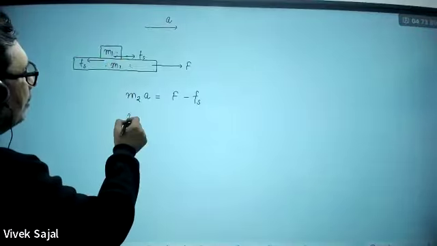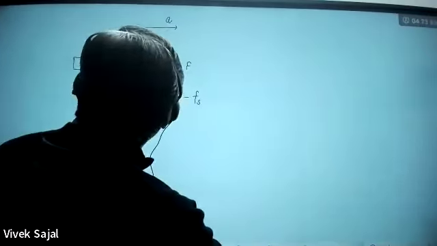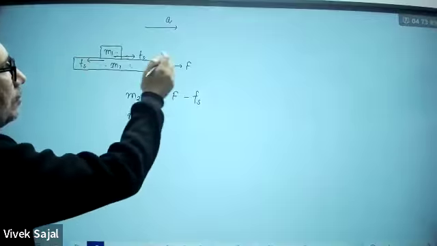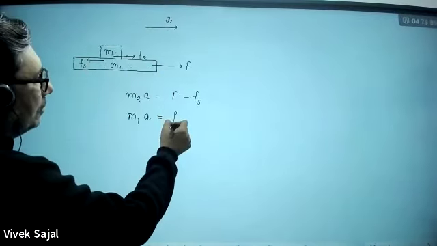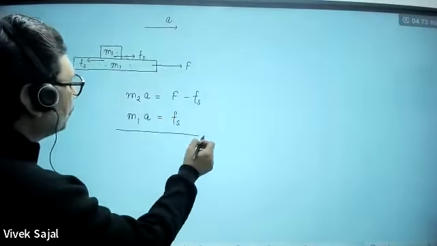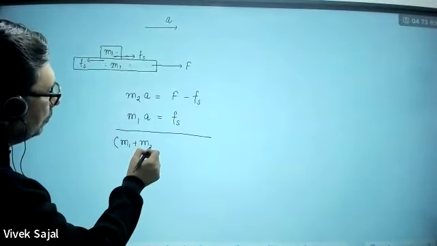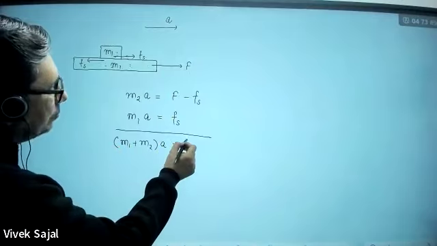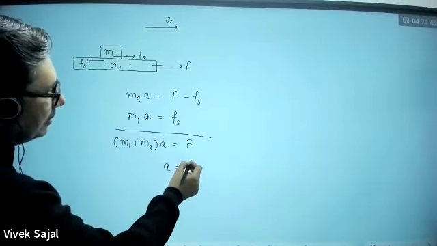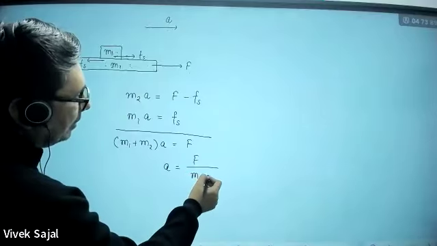For the upper block, mass is m1, acceleration is a, who is taking it in the forward direction? This is static friction, so this will be Fs. If you add these two, you are going to have m1 plus m2 into a, and that is going to be F, because Fs will cancel out. So what will be the acceleration? That will be F upon m1 plus m2.